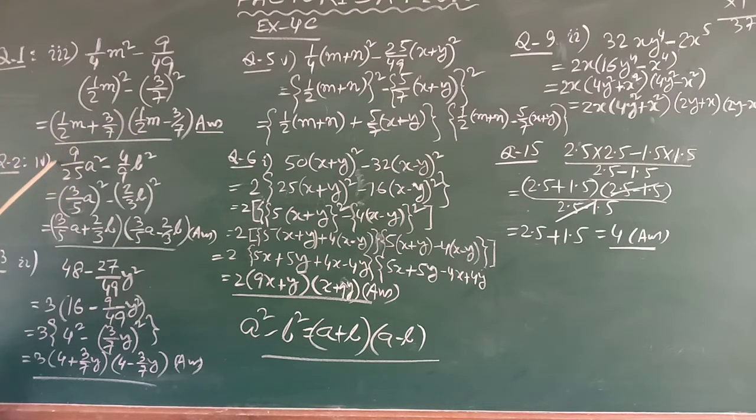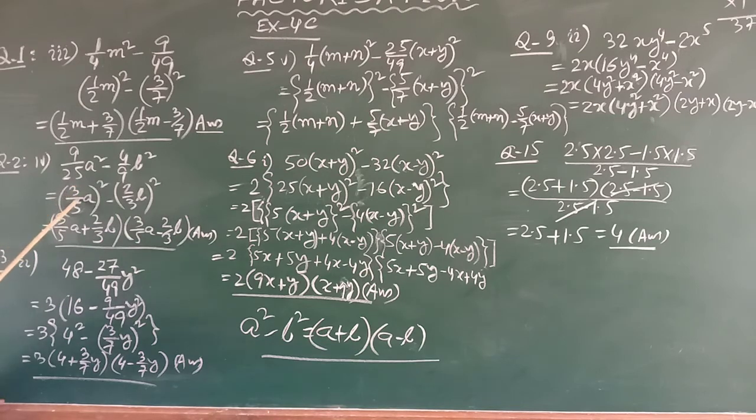Now moving on to question number 2, the fourth one I have taken. Again, see, this is also a perfect square, square of some base. This also. 9 is the square value of 3, 25 is the square value of 5, and a square is the square value of a. So (3 by 5 a) whole square will be 9 by 25 a square, and (2 by 3 b) whole square will be the b term.